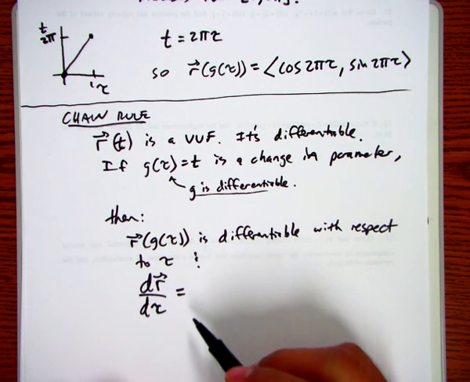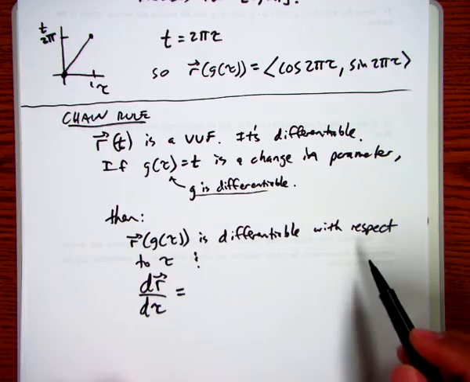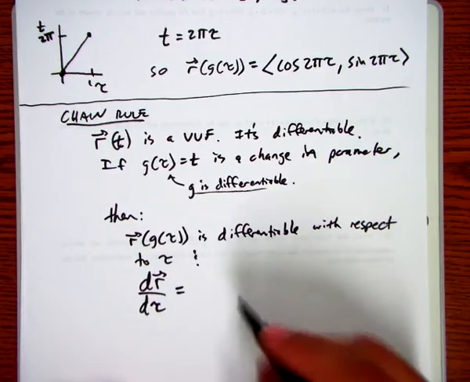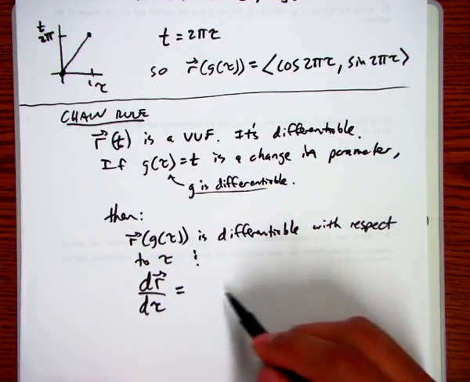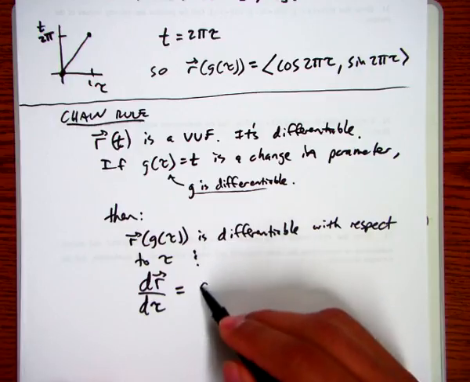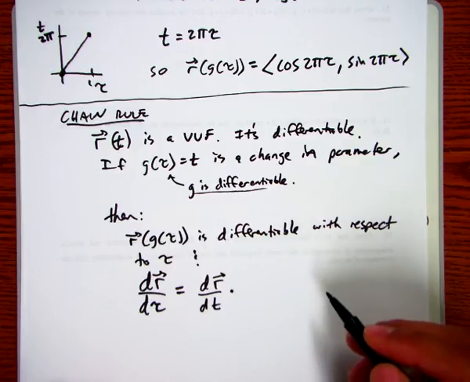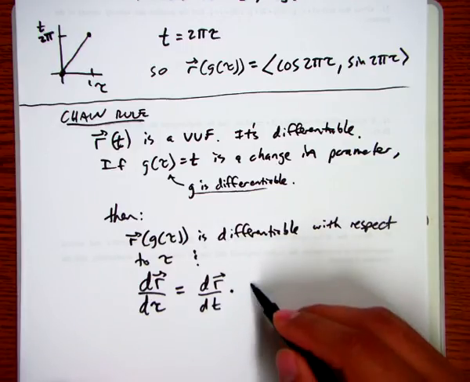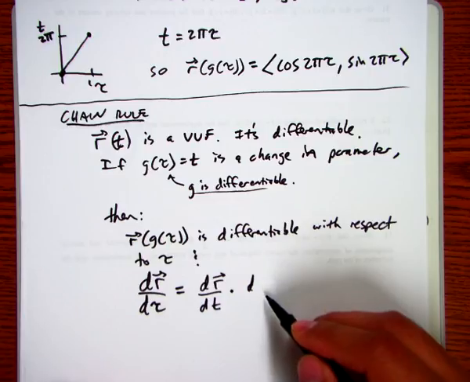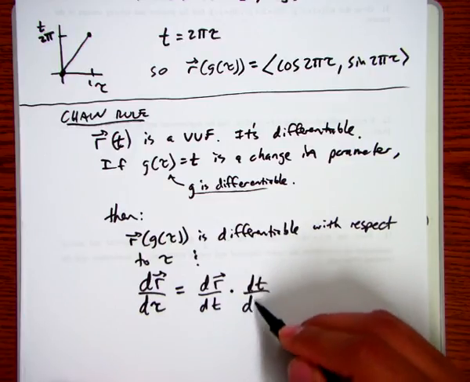We could use the chain rule. And if you remembered it from last year, you probably can fill in the blanks here. What would I multiply dr dt with to get dr d tau? D. Yep.